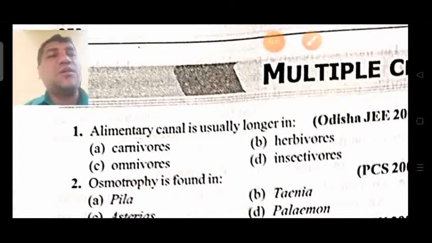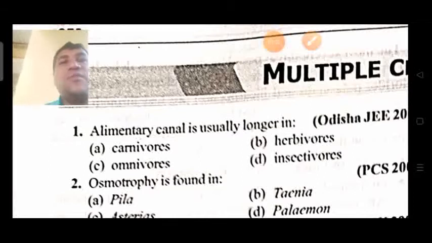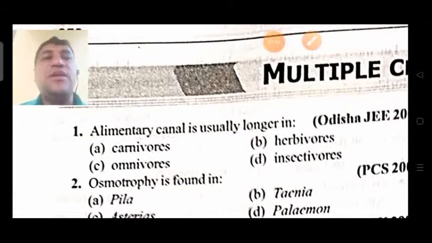Next, herbivores. Herbivores don't have canine teeth, but they have the longest alimentary canal. The giraffe is an example of that. So the answer can be herbivores, and we'll also see omnivores. Omnivores like humans and sparrows will have a normal alimentary canal.